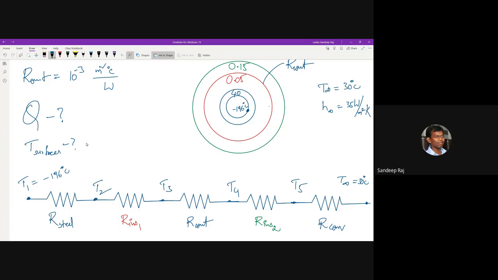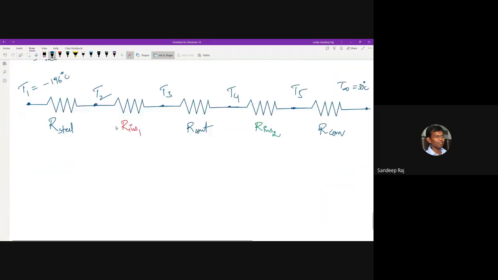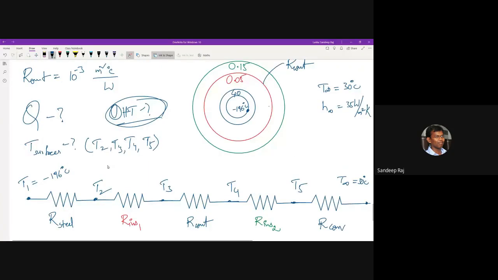He's also asking you to find T2, T3, T4, T5, and the overall heat transfer coefficient, OHTC. This we will see in the next class. For now, we will solve up to Q and the temperatures.